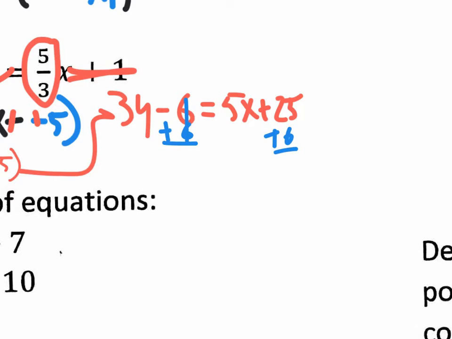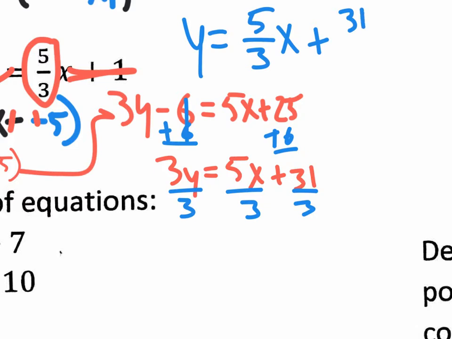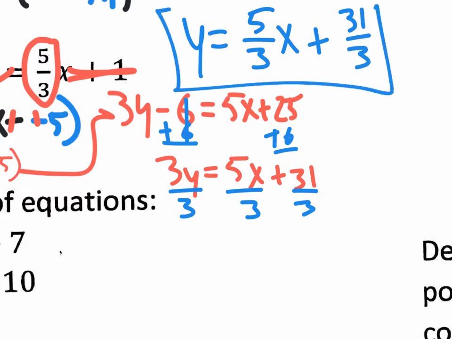You're going to have 3y equals 5x plus 31. Then you'd have to divide everything by 3. So your final answer is y equals 5/3 x plus 31 over 3. That's disgusting, but that's the answer.